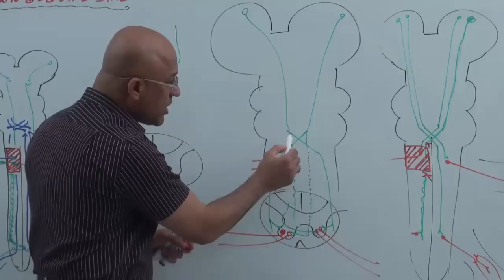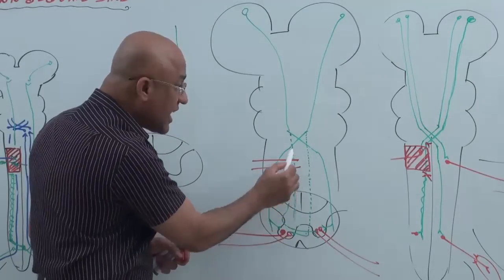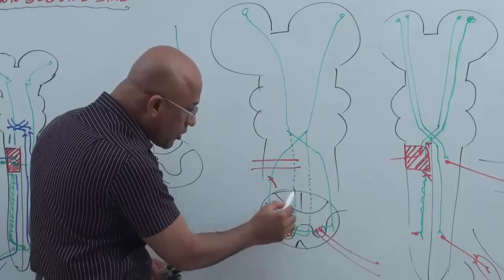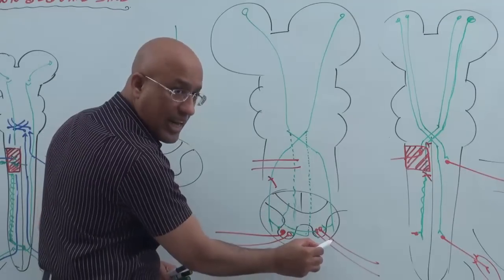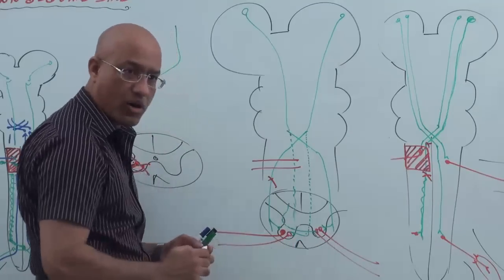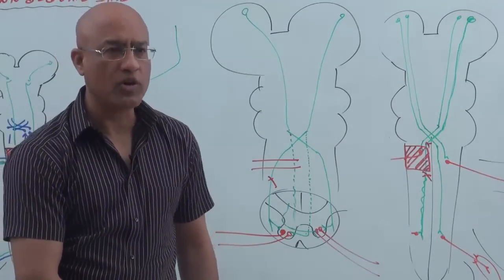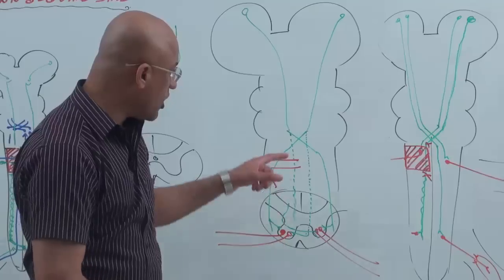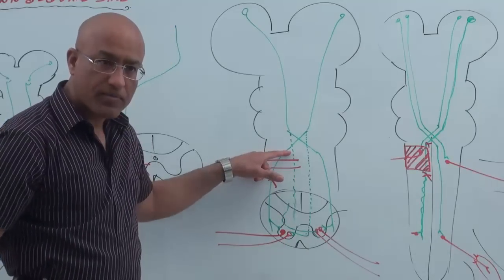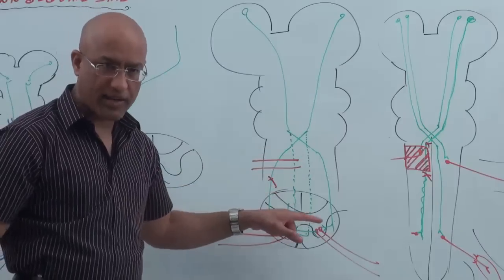But this fiber, what was this? Anterior corticospinal. They are also damaged, but they were controlling the contralateral lower limb. But they give a very minor control. So there may be minor loss of power in the contralateral limb due to loss of anterior corticospinal tract. Am I clear?